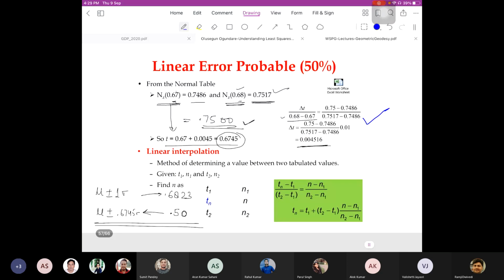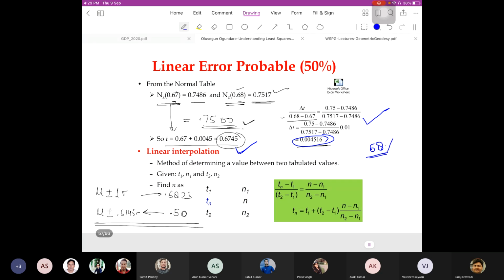Obviously this function of delta t upon is a very basic function from BTech first semester. The delta t upon t2 minus t1 is equal to the value of the function available at 0.75 minus the first value. So you add this much to your initial first point, then you will get 0.6745, or 0.68 I would rather say.